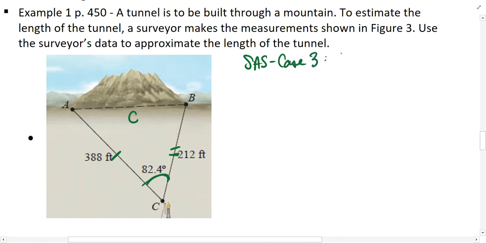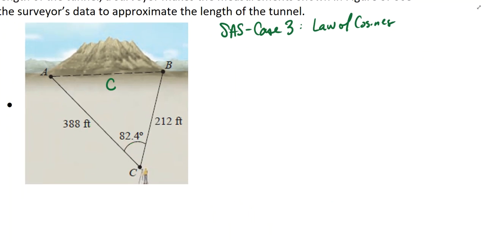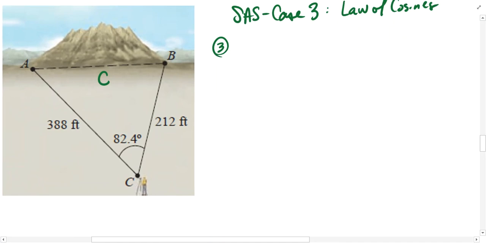And with case number 3, we are going to use the law of cosines. Now, the law of cosines at first looks an awful lot like the Pythagorean equation. And in this case, I'm looking for side length C. So I'm going to choose form number 3 of the law of cosines.